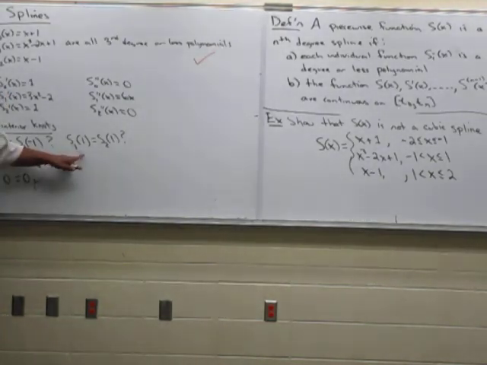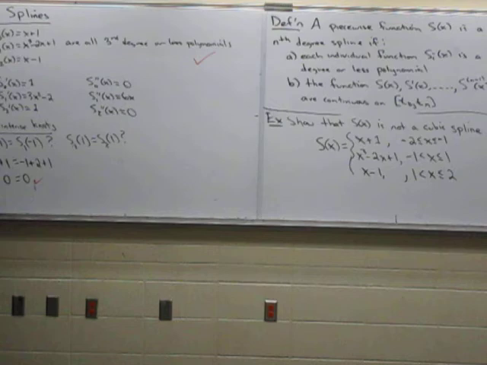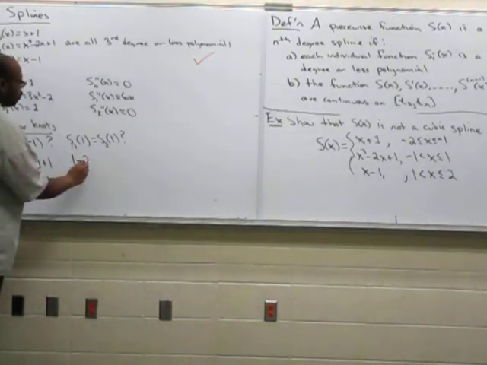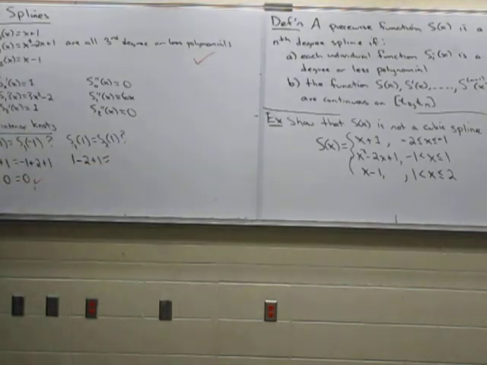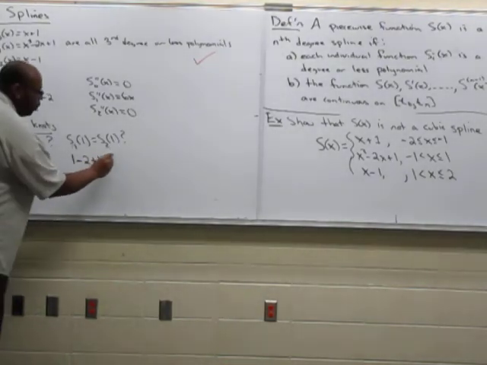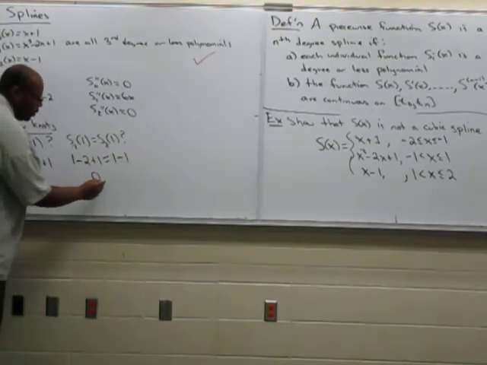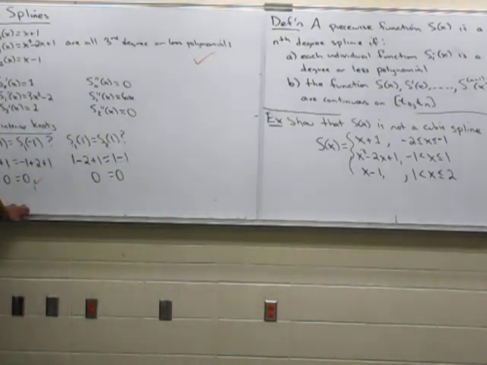All right, so no issue with that one. What happens when we plug 1 into these two functions? If you plug 1 into s1, you get 1 minus 2 plus 1. Plug 1 into s2, you get 1 minus 1. This is 0, and this is also 0, so this one checks out.